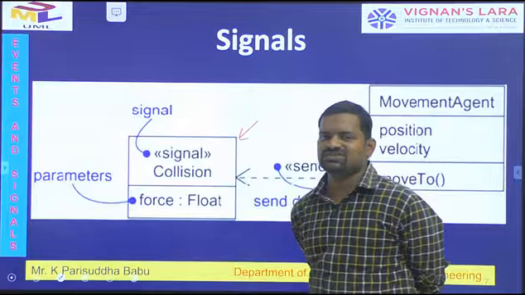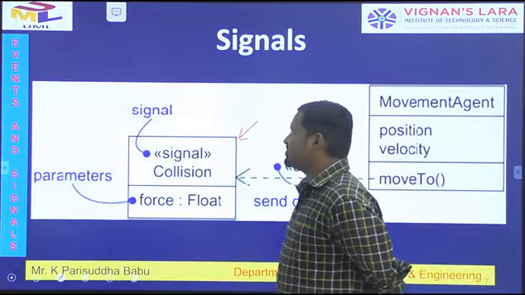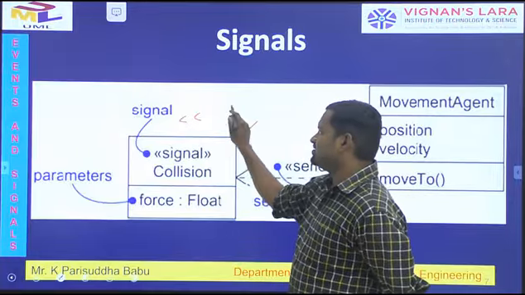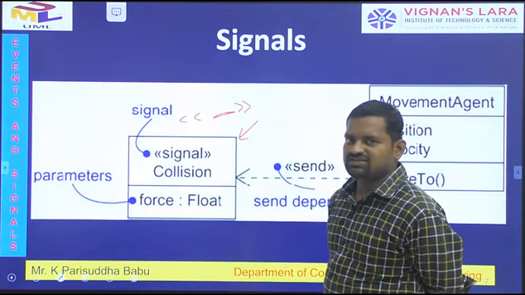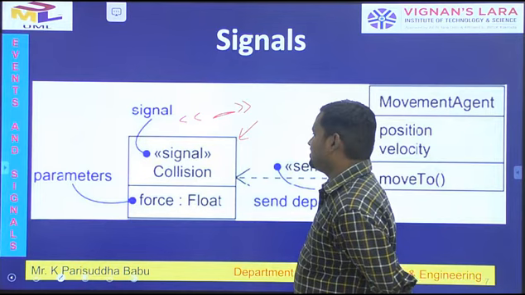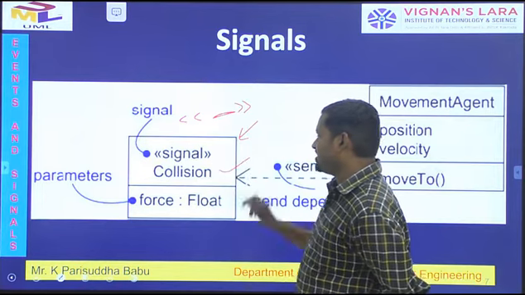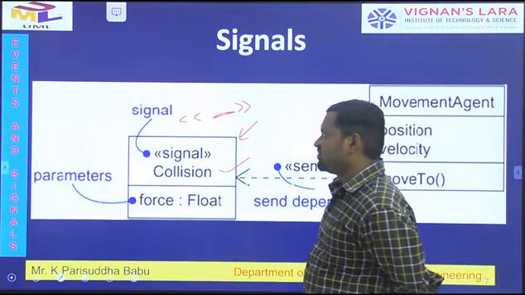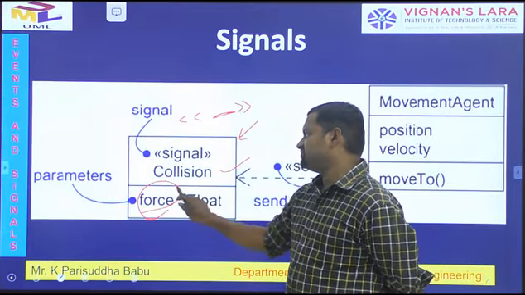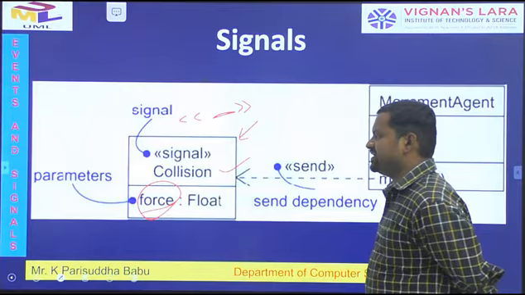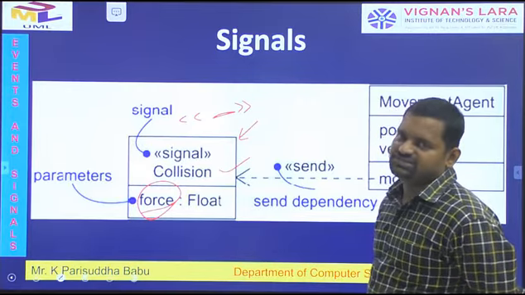You also represent a signal in between these symbols. The name of the signal is collision. Collision is a signal. Parameters are also there. Force is the signal parameter for the signal collision.